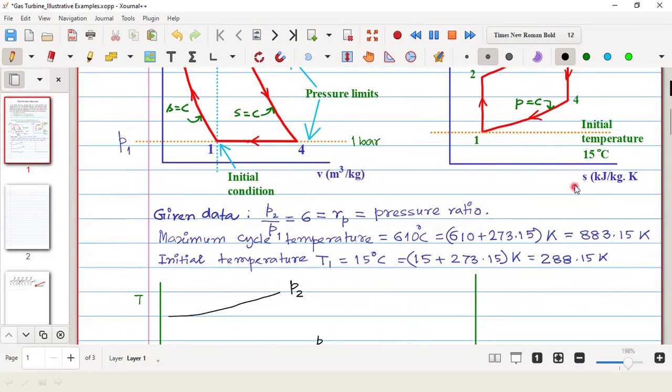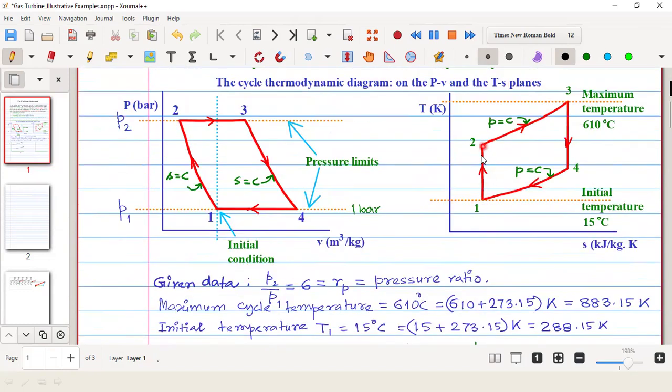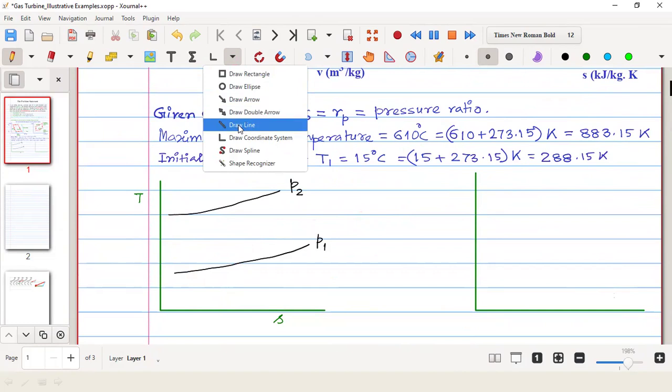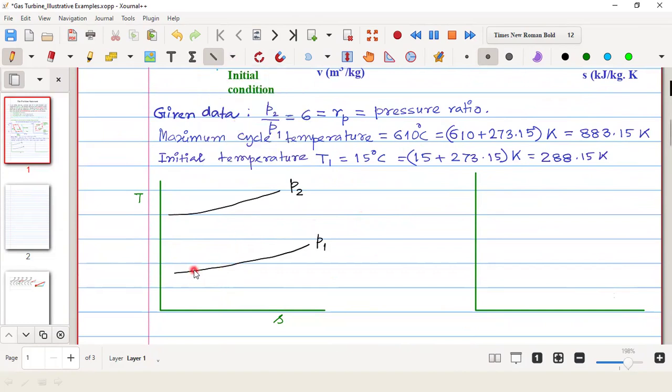Now isentropic efficiency is related to this process. Now let us see what is the meaning of that. Now during this process, basically, this is the isentropic process between 1 and 2.